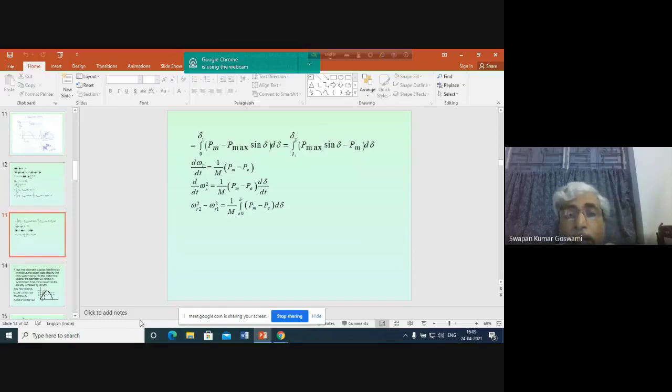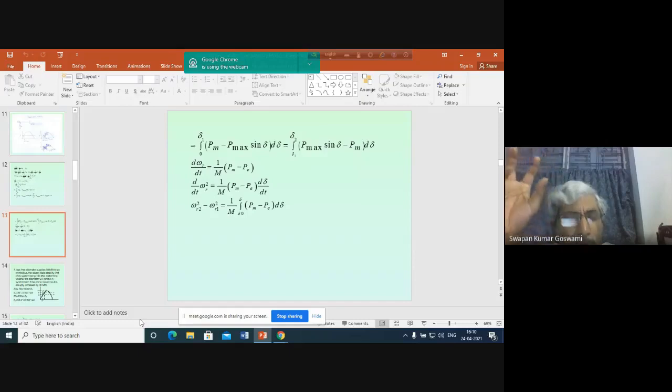Rather, from the equal area criterion you can understand the stability problem in a better way, because you can visualize whether, with respect to the remaining part of the system, your generator is able to maintain synchronism or not.